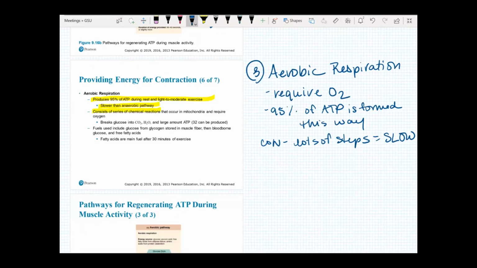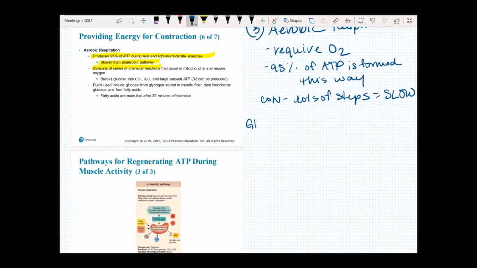It is going to be slower because it will go through a series of chemical reactions. The equation for this is you're going to start with glucose. You're going to use oxygen for this one. That's a requirement. And it will go through a bunch of steps. If you've ever done the Krebs cycle or citric acid cycle, it falls into that category where it's multiple steps. You're going to end up with CO2 plus H2O plus ATP.